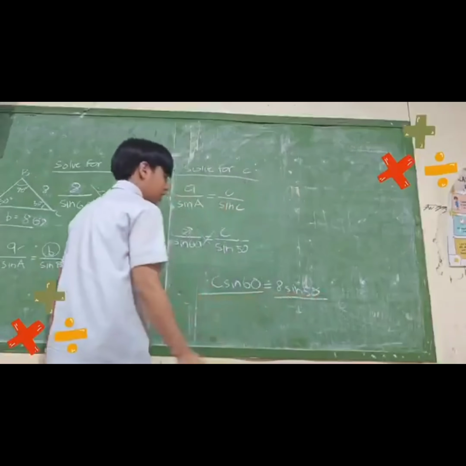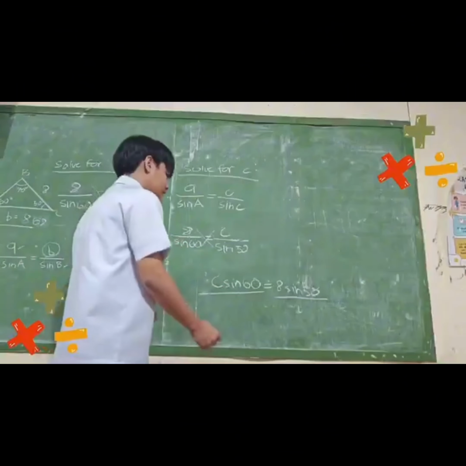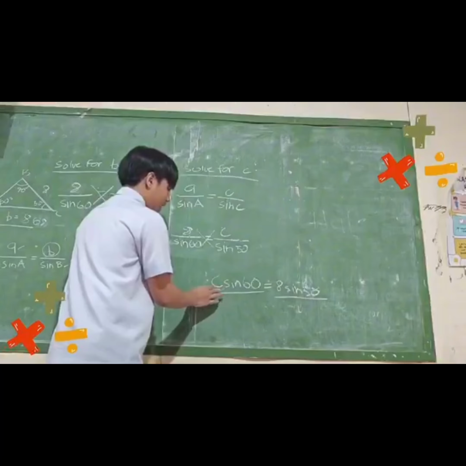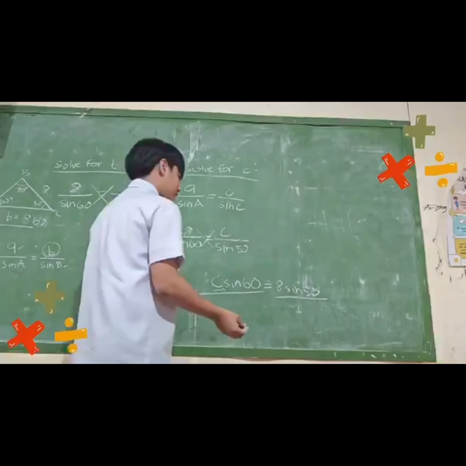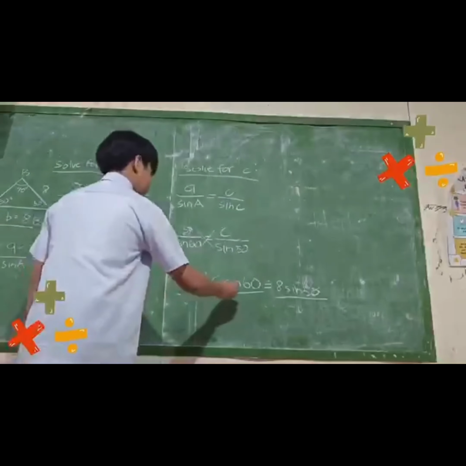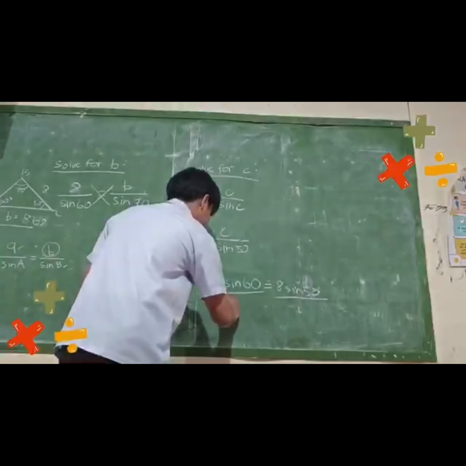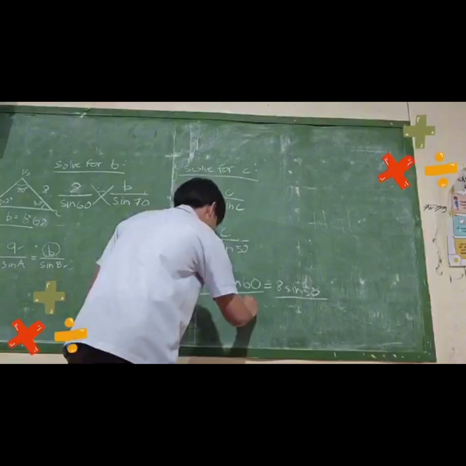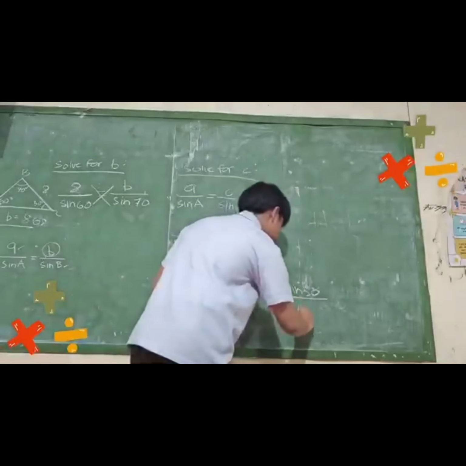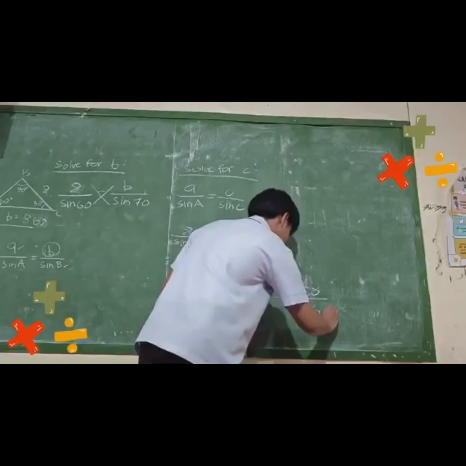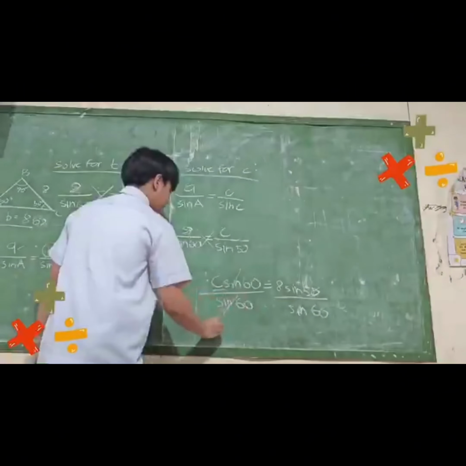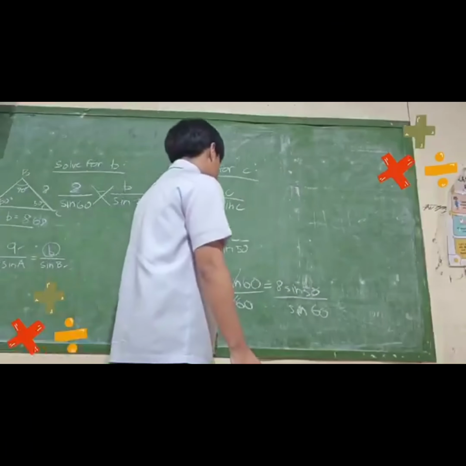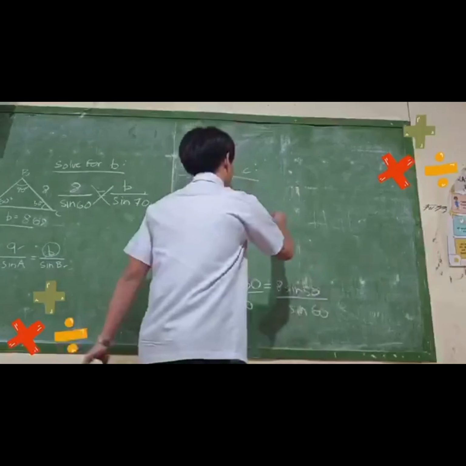Same as before, we're going to use sine 60 because C is our prioritized value to find. So we divide both sides by sine 60 and cancel both.